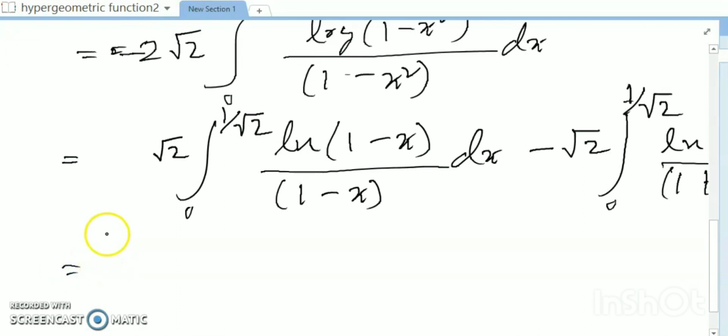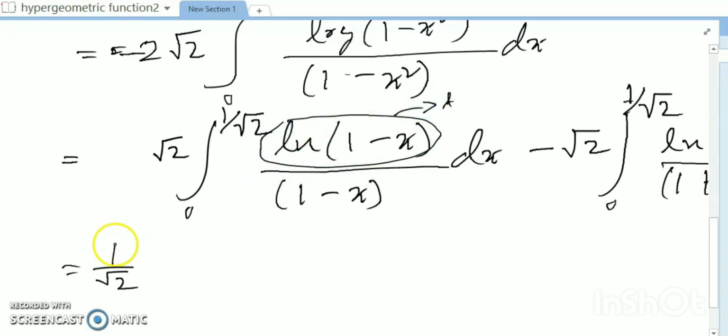So integrating this portion, whatever I get is 1 by root 2. This is ln(1 minus x); take minus ln(1 minus x) equal to t.